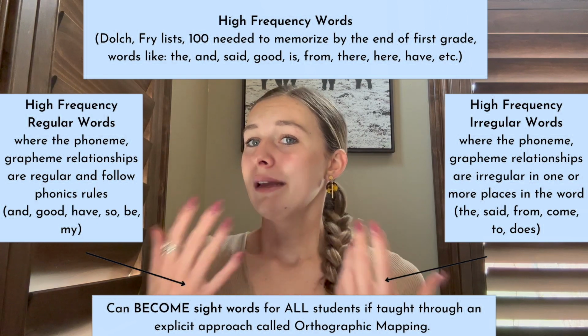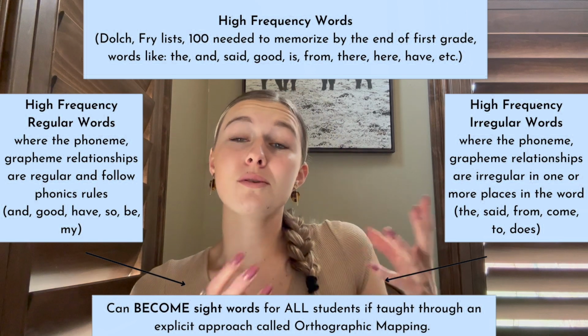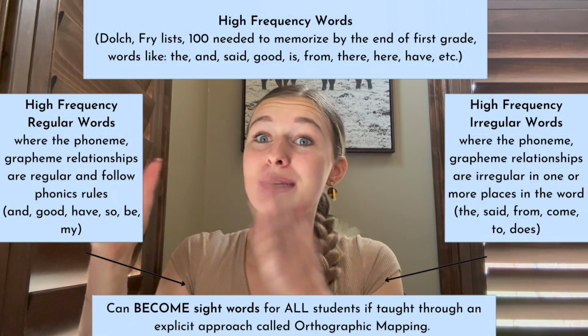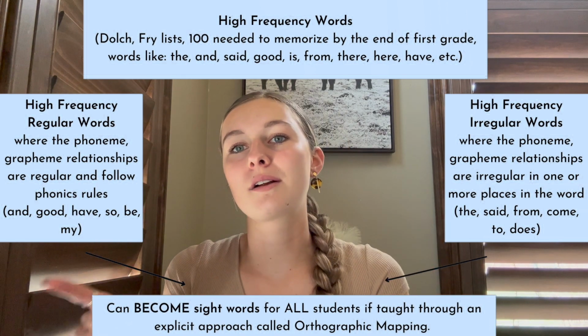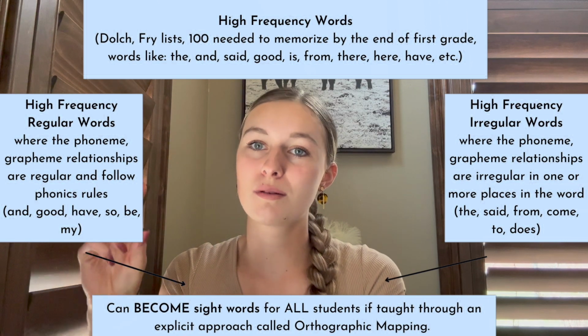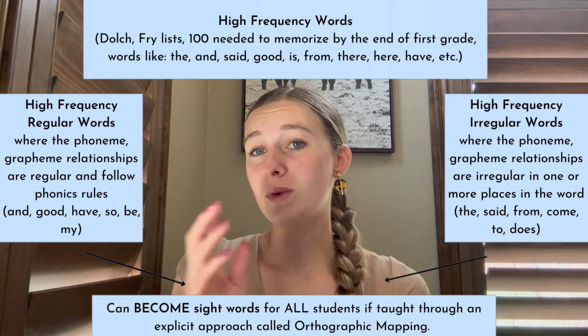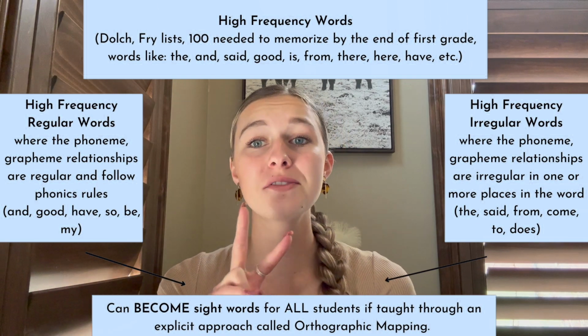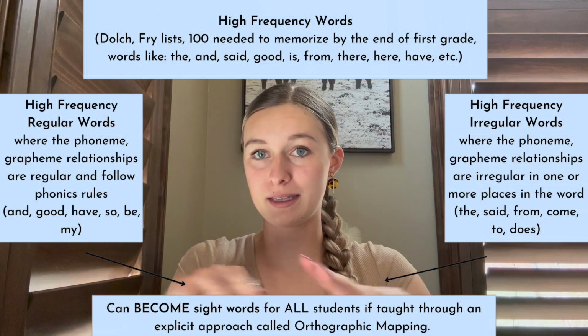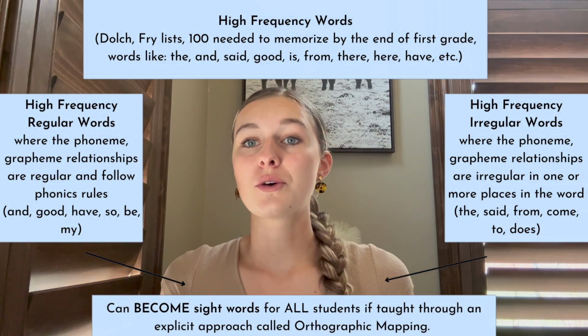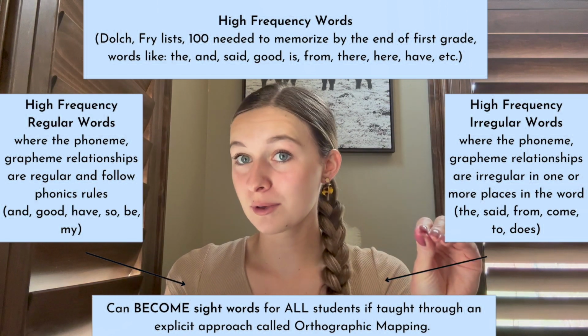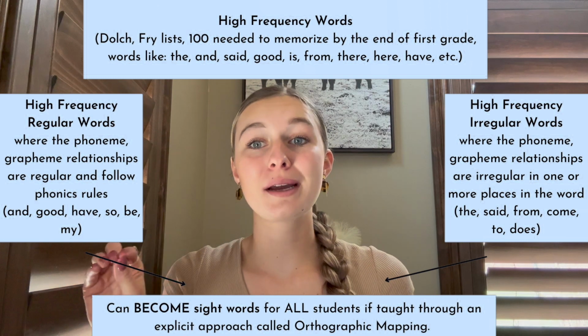Now, here's the next thing. Those high frequency words can become sight words, and I'll get into later how we can help students have those words as sight words. But we have high frequency words, and then we have two different categories. I'm going to maybe make a little graphic here to help you understand. We have high frequency regular words and high frequency irregular words.